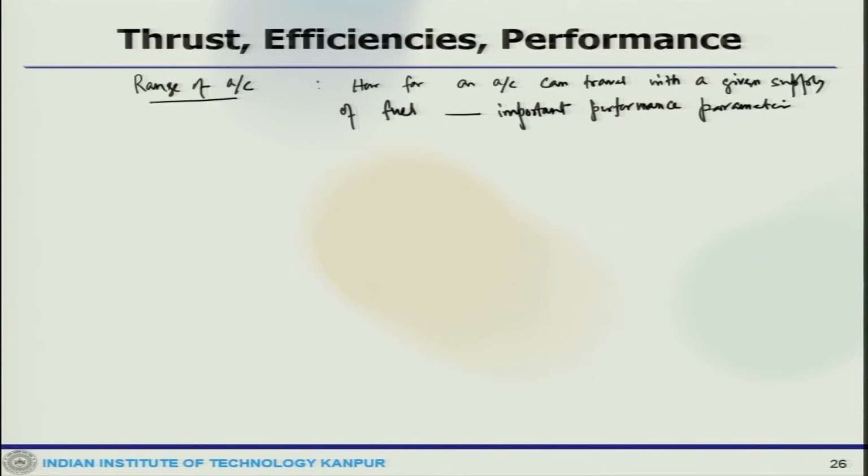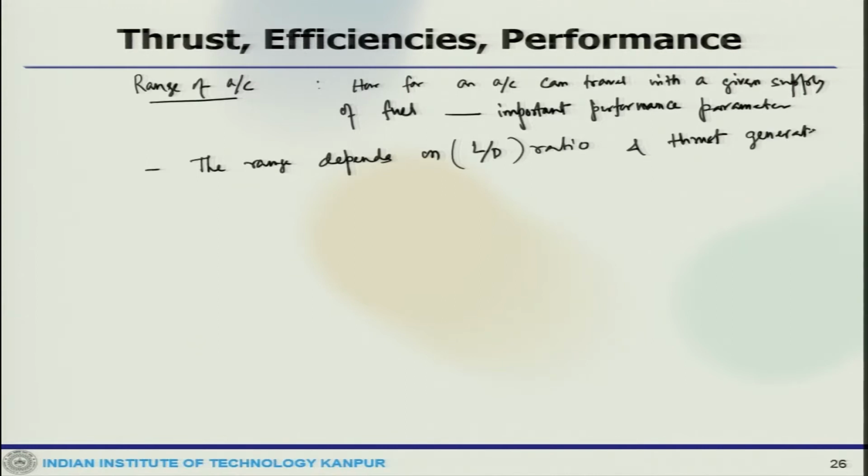And the range depends on the L by D ratio, which is the lift to drag ratio, and the thrust generated by the engine.